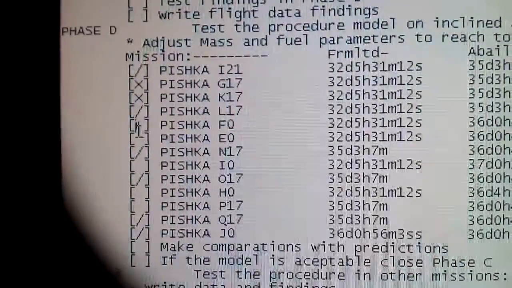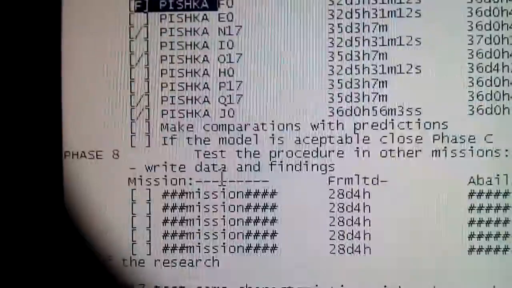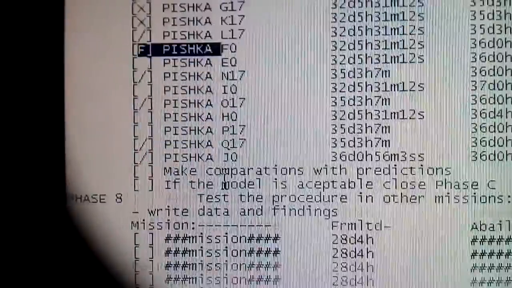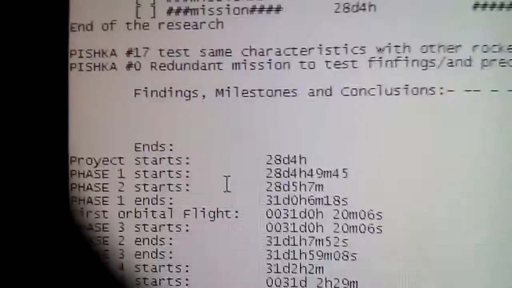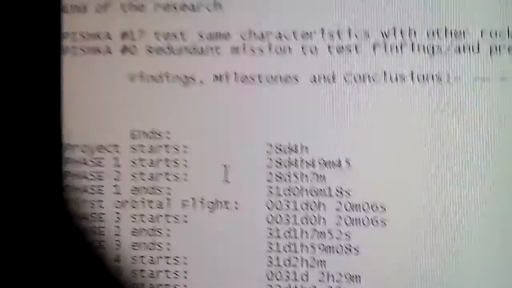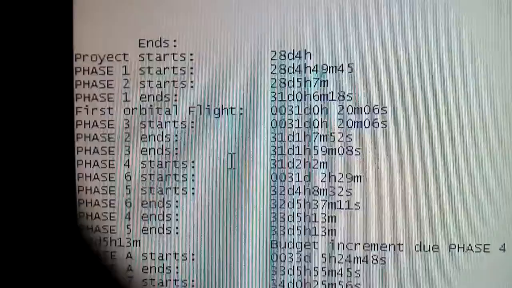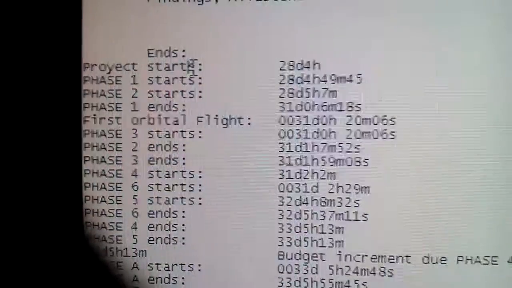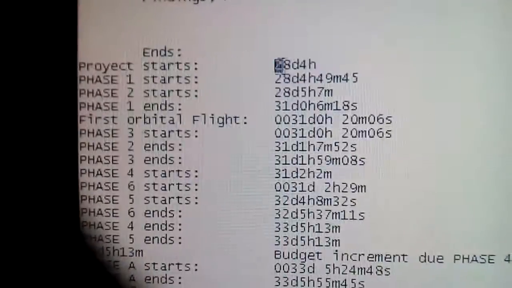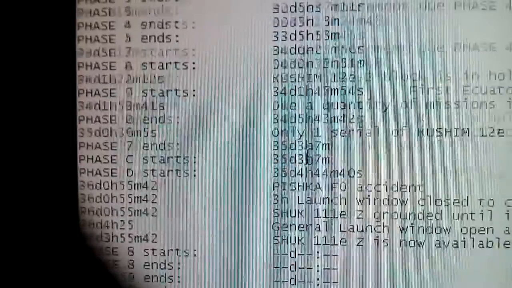There are failures too. I only have one failure. Is it a failure where the rocket has a problem and doesn't reach orbit? But I have other incidents too, though not many. This is the timeline of the project.